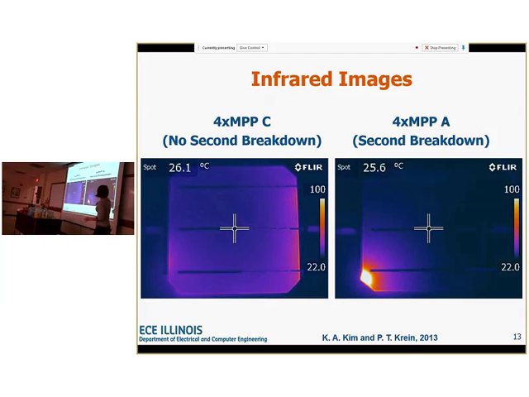And you can see that the one over here, the one that's not breaking down, has a nice glowing color. It's kind of even throughout. It's taking most of the current evenly, with a little bit on the edges, but it's not so bad. But this one just has a huge breakdown point right there. And the temperature actually goes off the scale. These are the same scales so you can directly compare them. But you see all of it is going into that corner.